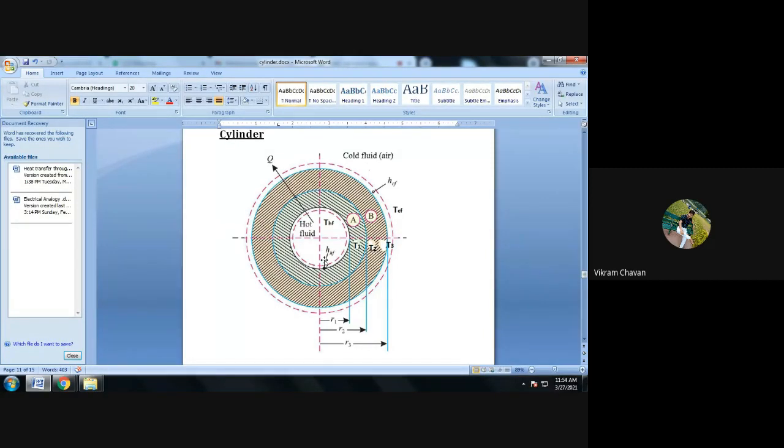Show appropriate temperatures, show appropriate radius, and the nomenclature. Getting everyone?